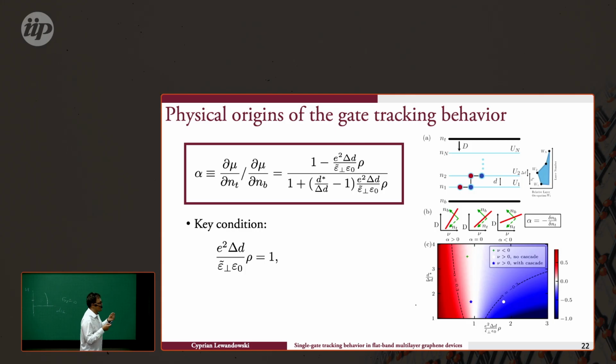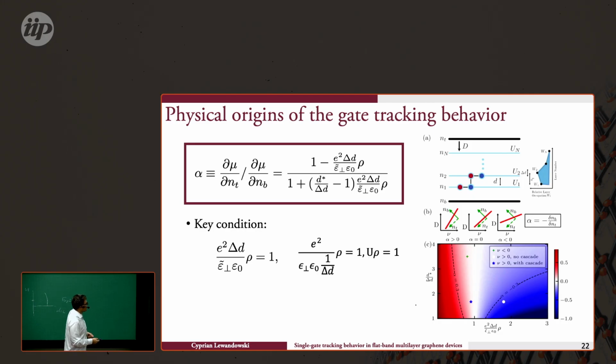And it's an experimental fact that to a large extent you don't see this ever. Okay, that's just something that you noticed.